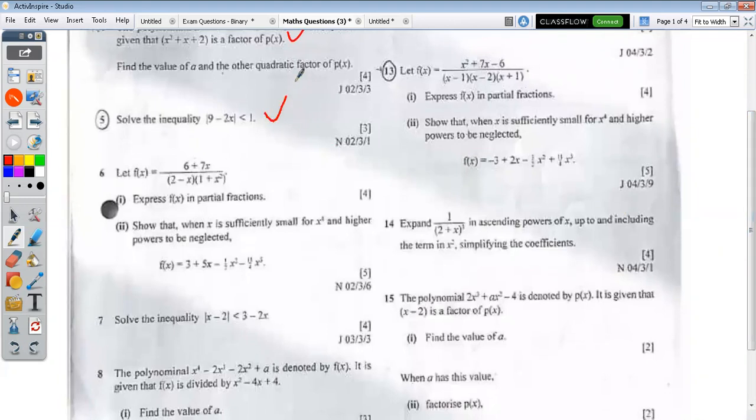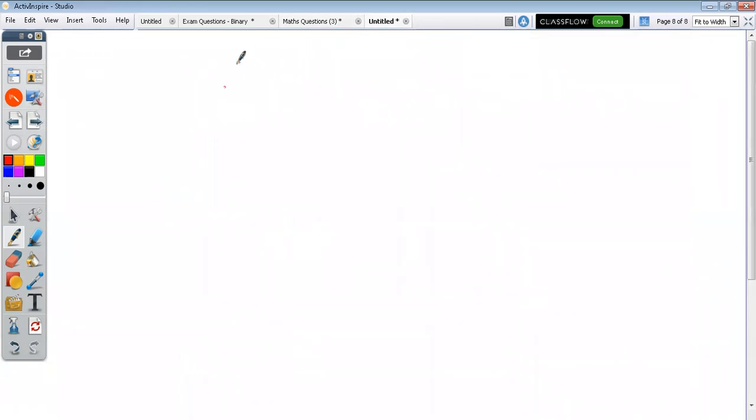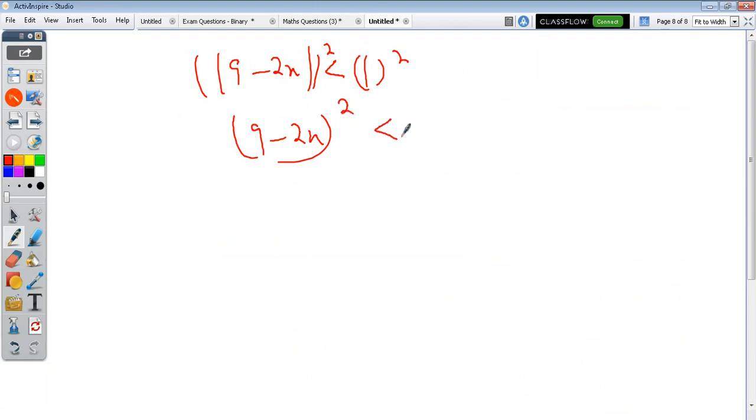Now solve this, 3 marks. Modulus of 9 minus 2x is less than 1. So again, you square both sides to remove the modulus. 1 squared. Then take square root of both sides.